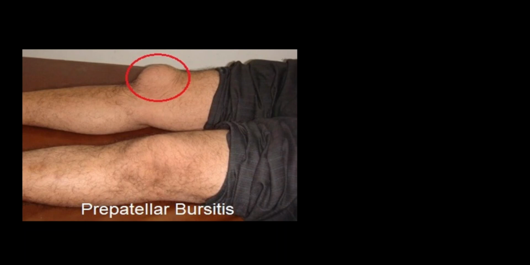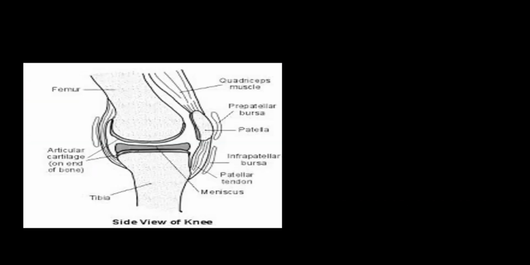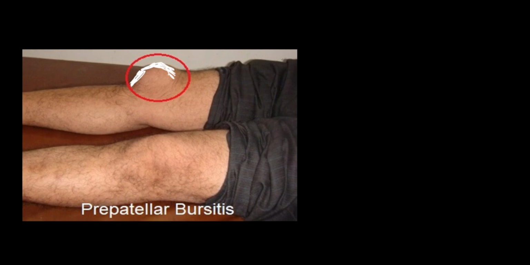Here in this picture, we can see an inflammation on the knee, and this is a prepatellar bursitis. Basically, we have the structure of the knee looking like this. Here, of course, we can see the prepatellar bursae. When there's an inflammation of this prepatellar bursae, what we would have is the prepatellar bursitis that looks something like this.